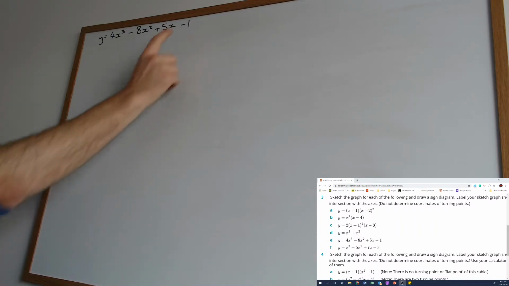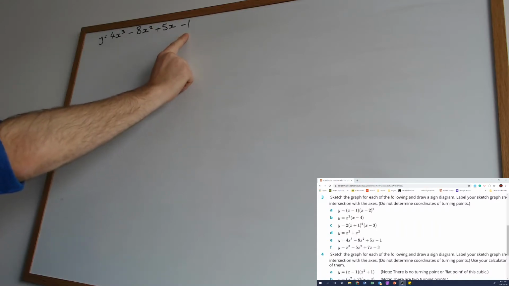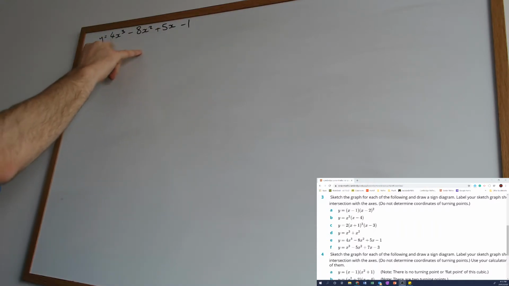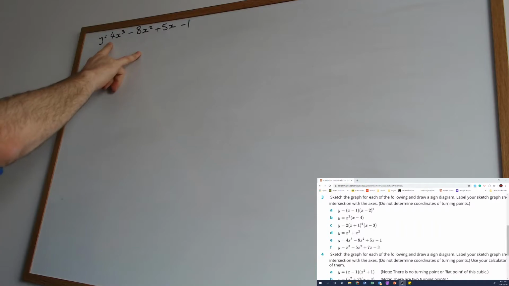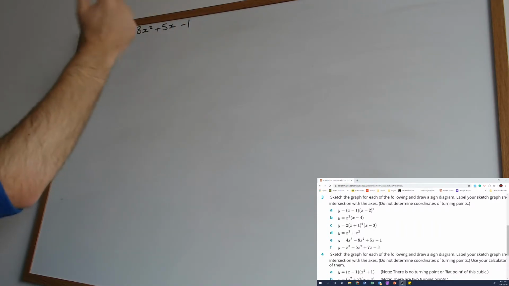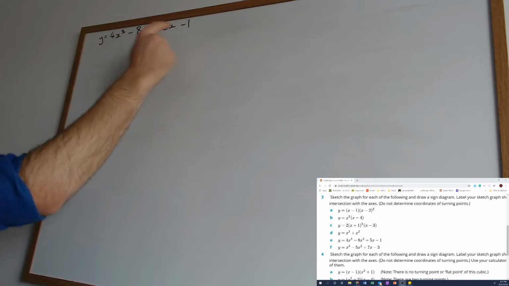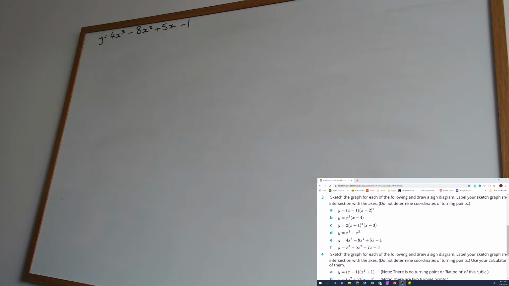Factors of 1 are 1 and -1, and factors of 4 are 1, 2, and 4. So I can try 1 over 1, which is just 1, and -1, and the other ones would be a half or -1/2, or a quarter and -1/4. I always start with 1.